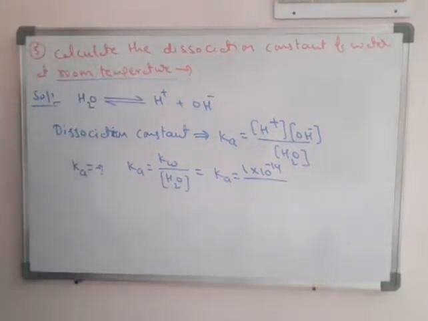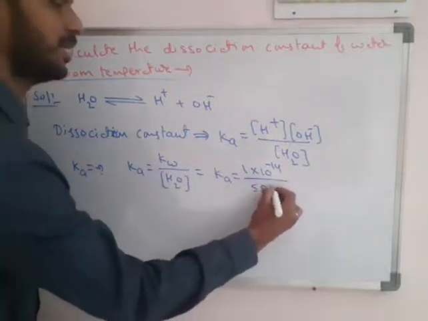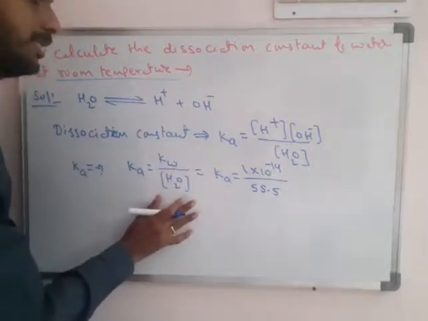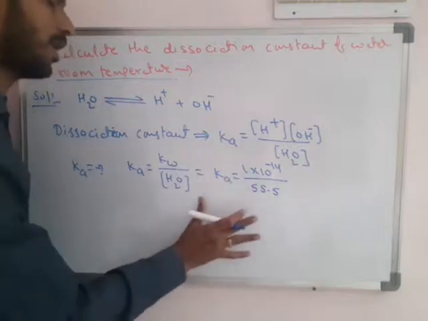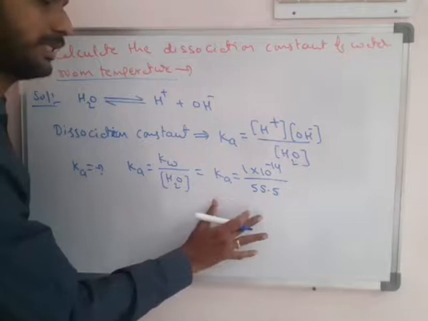It is the only different thing in this problem. This is a constant, we have to always take 55.5.